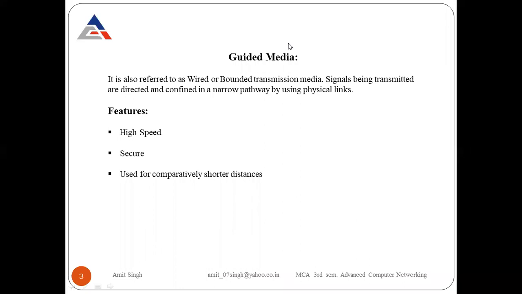Only the packets sent from that particular sender, or the path that is defined in the header of the packet, can follow that path. So there is less chance of overlapping and less chance of packet loss. That's why the data is secure in the case of guided media.